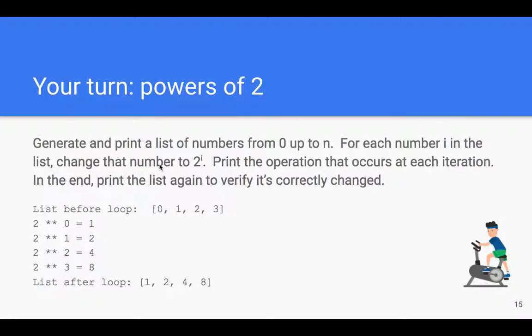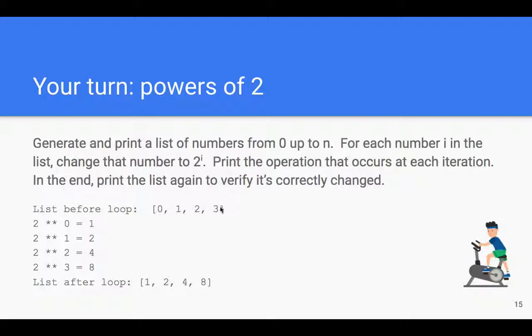Change that number to 2 to the ith power. So yeah, we're taking the ith power of 2 in this exercise. And then for each of these operations, print out what occurred. Okay, and then at the end, print out the list again, just to make sure it is changed.